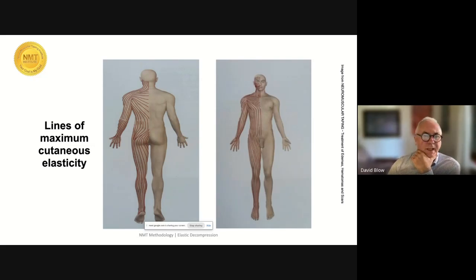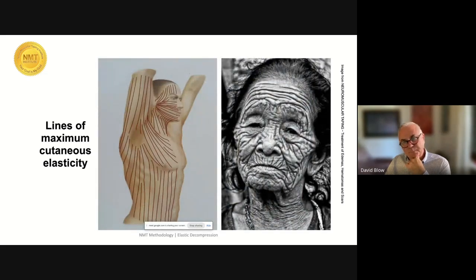They are not Langer lines of skin reduced elasticity. These are lines of maximum skin elasticity, and they are based upon observation of a living body, not of dead bodies. And so she is alive. And so aging lines indicate lines of minimum skin elasticity. So the line on the forehead is horizontal, which means the line of skin elasticity is longitudinal.